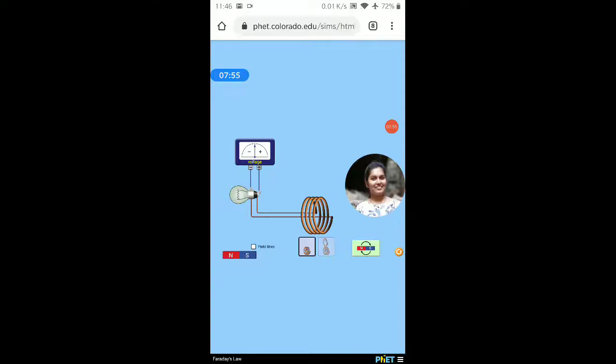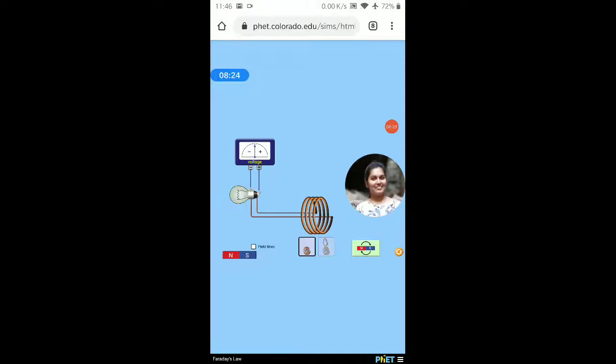So in this simulation we can see there is a bulb, to which a voltmeter is connected, and to this a current carrying conductor, that is nothing but a coil of wire, is connected. This coil of wire is nothing but the current carrying conductor.